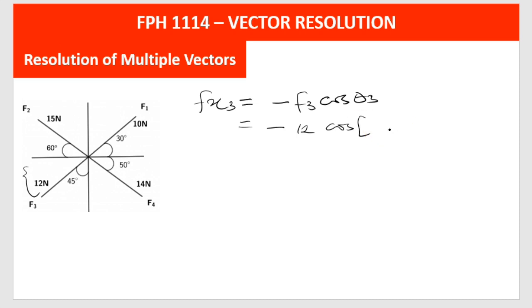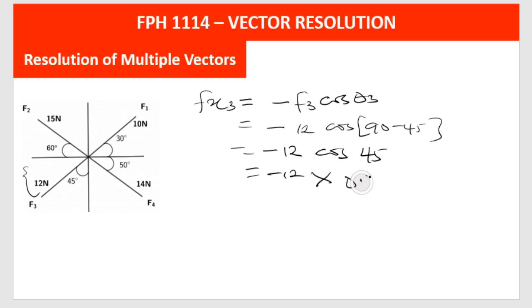We have minus 12 cos 45. Cos 45 gives us 0.7071.